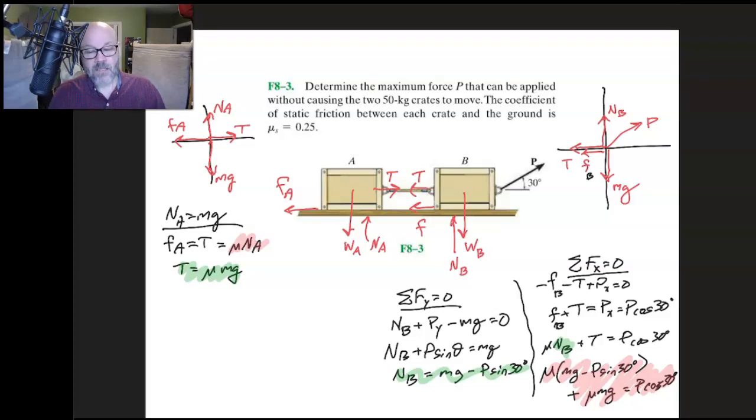We've set this whole thing up with our equations like it is operating maximally. And so once we get a number for P, it will be the maximum value for P. So that's number 3.